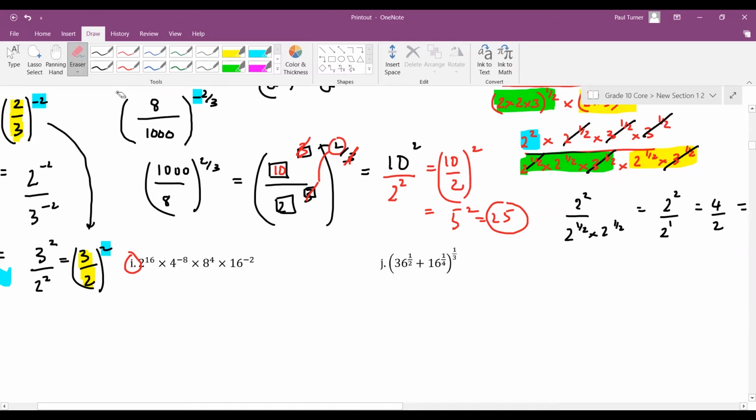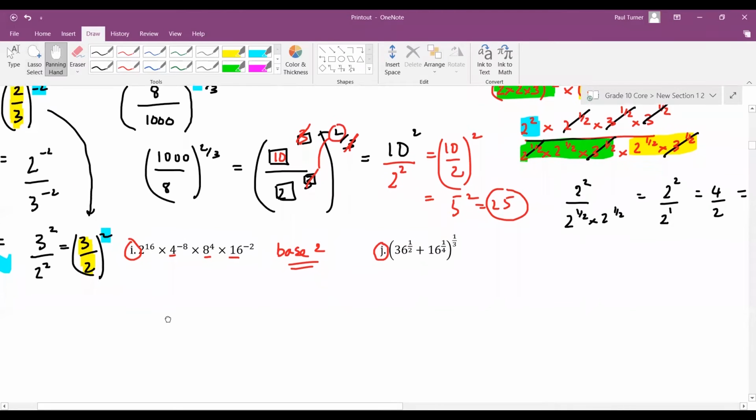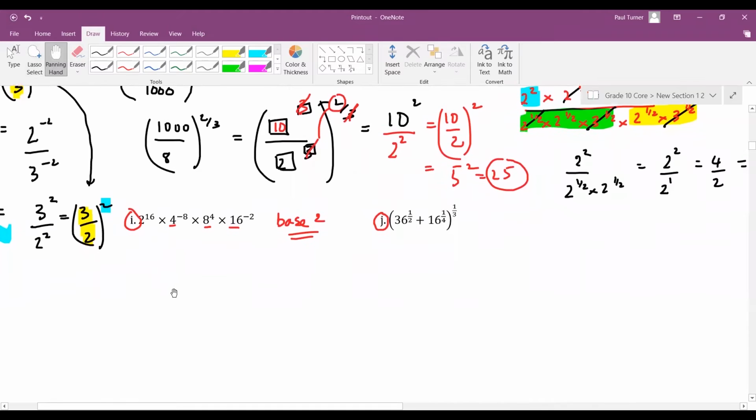Try these two here, I and J. Change to the same base. 4, 8, and 16. And this is base 2. So I recommend you change these to base 2 every part. Do that first. If you can do these, you can do your homework when it comes.